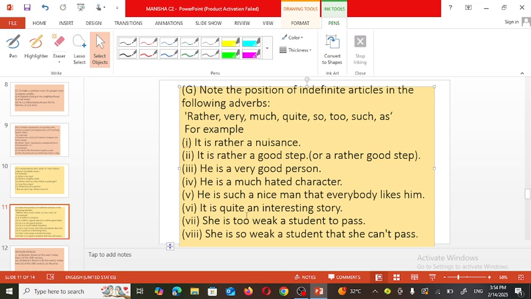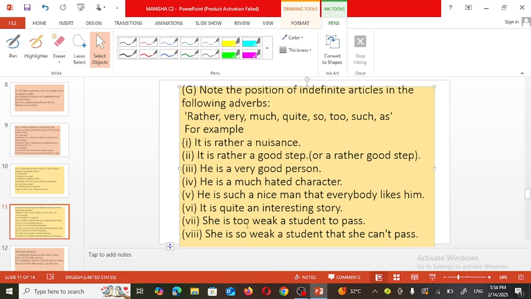Quite is an adverb used for this. And with this adverb, we have used article an before interesting. Once again, see here, interesting sounds like a vowel, and that's why article an has come before interesting, but after this adverb, quite.